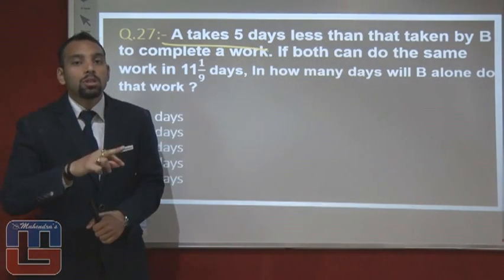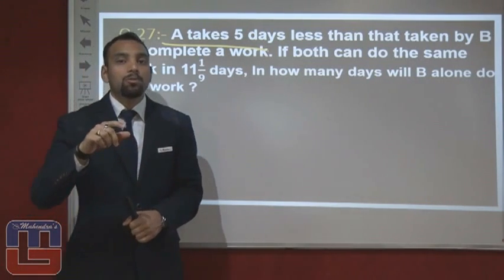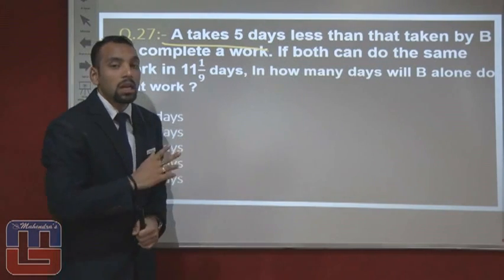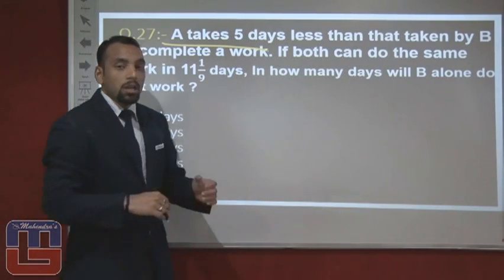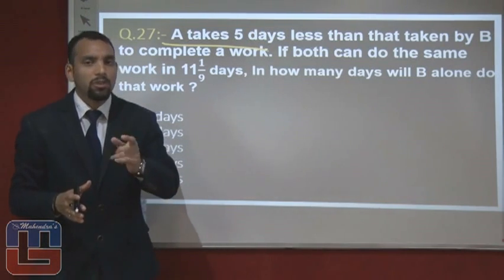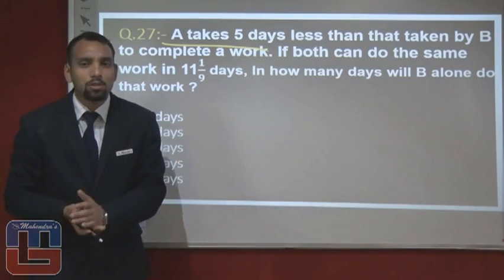If both can do the same work in 11 and 1 by 9 days, in how many days will each complete the same work alone? Now see how we will do. If we follow the traditional way, it will take time. Firstly, we have to assume X or whatever.